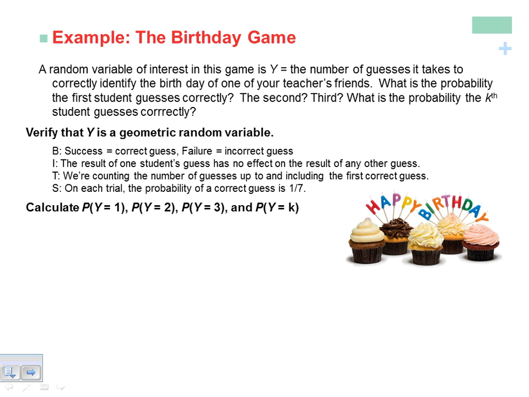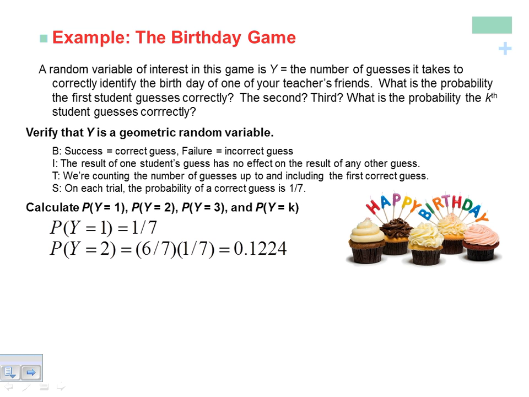All right, so it wants to know the probability that the first person gets it right. That'd be y equals 1. Probability of the second would be y equals 2, etc. The probability of y equals 1 would just be 1 out of 7. The probability that it's 2 means the first person gets it wrong, and the second one gets it right. So there are 6 ways to get it wrong.